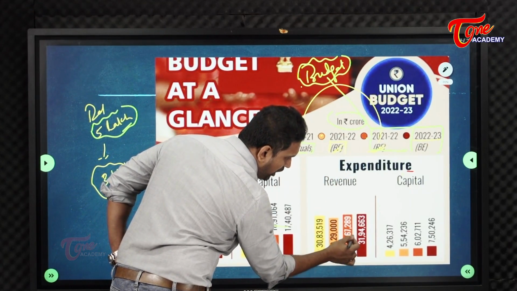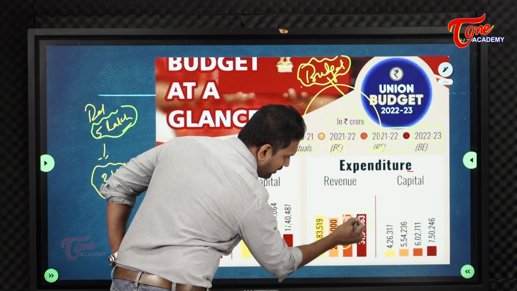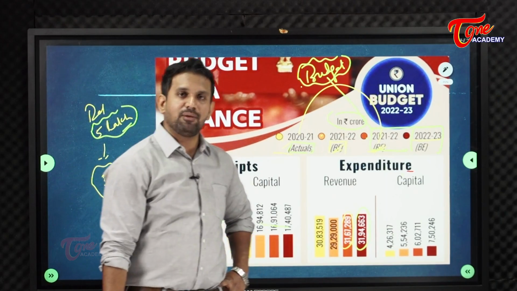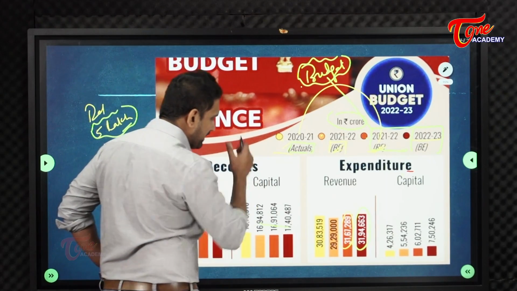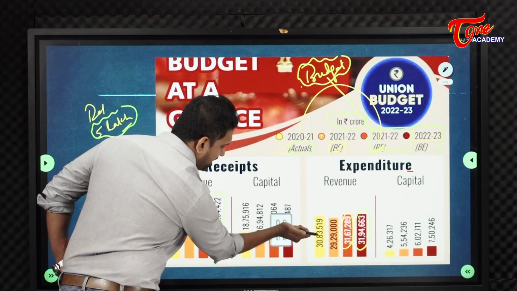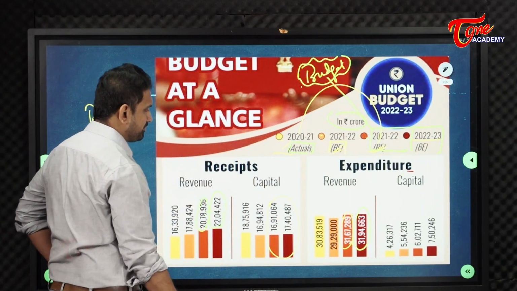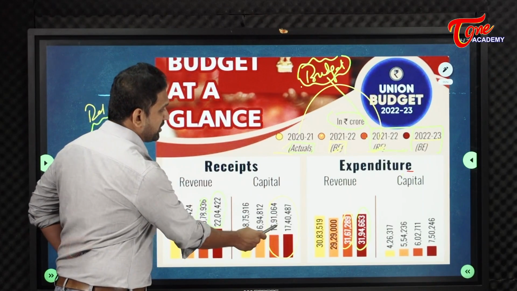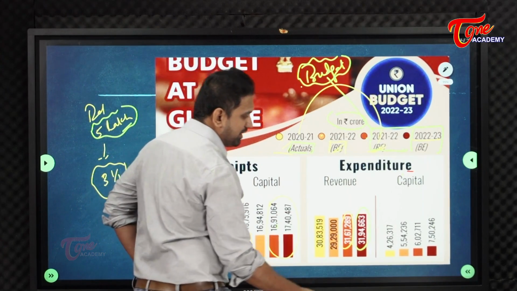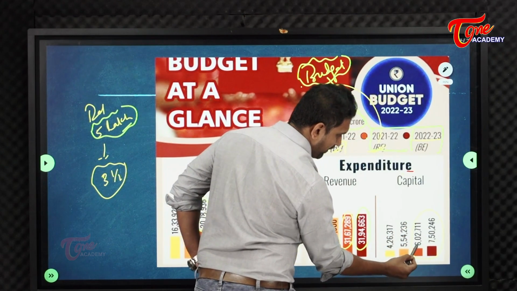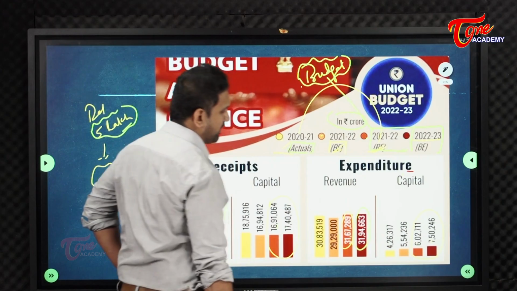Revenue expenditure is almost equal, 31 lakh crore. Now we'll see capital. Capital receipts, you can see 16 became 17, marginally increased. Now you can see capital expenditure. A little bit it has increased, almost 1.5 lakh crore.